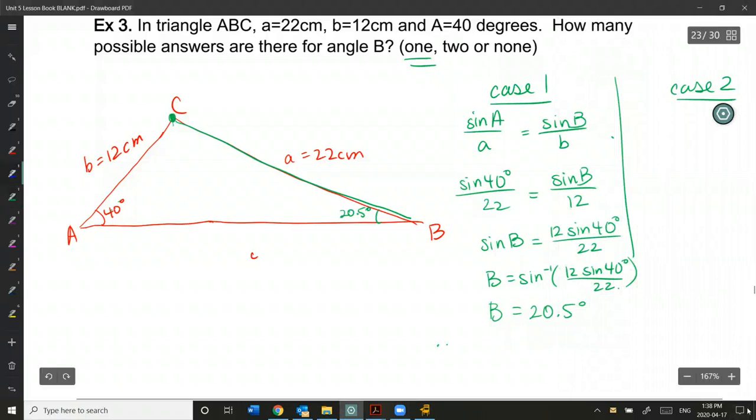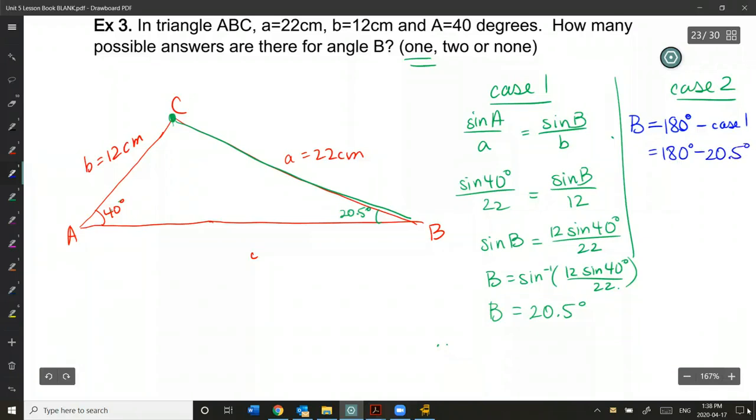If I went to calculate case 2 here, I know that the second option for angle B is 180 degrees minus the case 1 findings. So this is possible. It's going to give me 159.5. So how do I know that this is not a possible case? And it goes back to this little check that I told you to do.